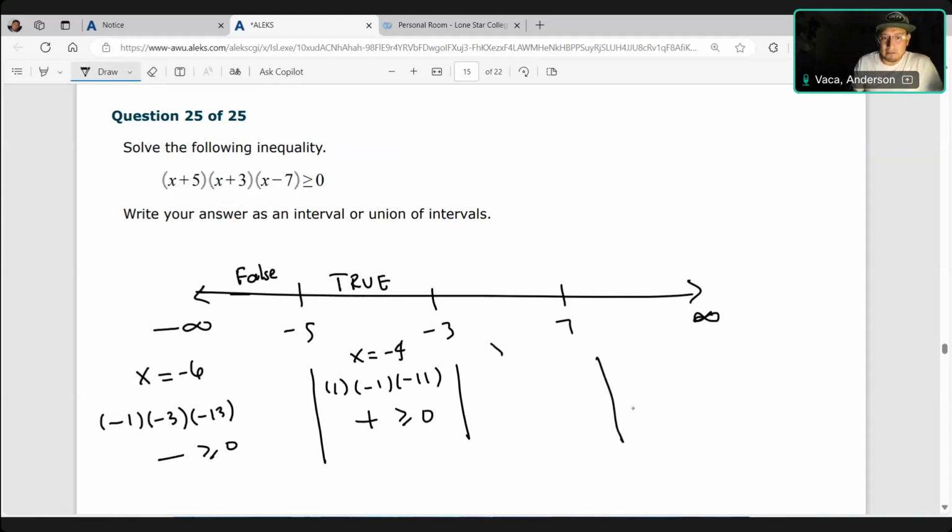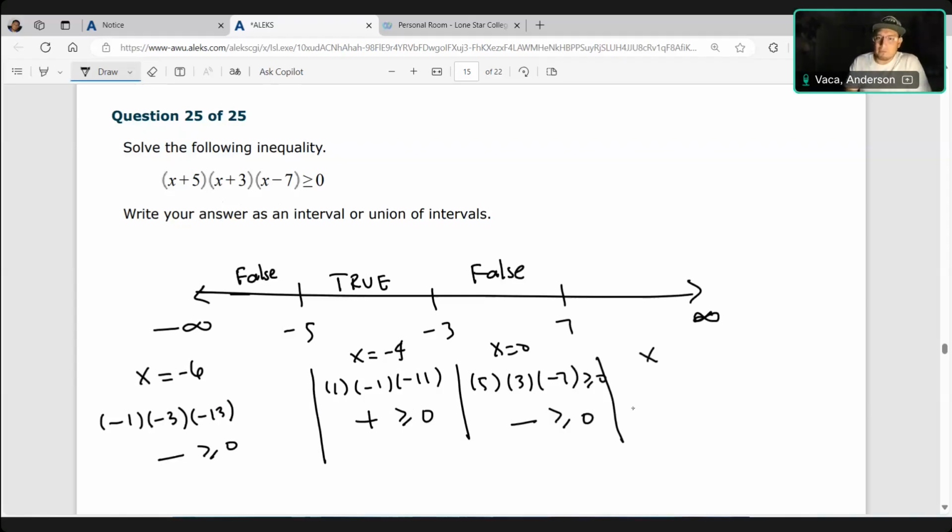I'm going to choose 0 here because clearly 0 is between -3 and 7. 0 plus 5 is 5. 0 plus 3 is 3. 0 minus 7 is -7. This turns out to be a negative number, and that will be false. Positive times a negative will be negative, so that's not going to work out.